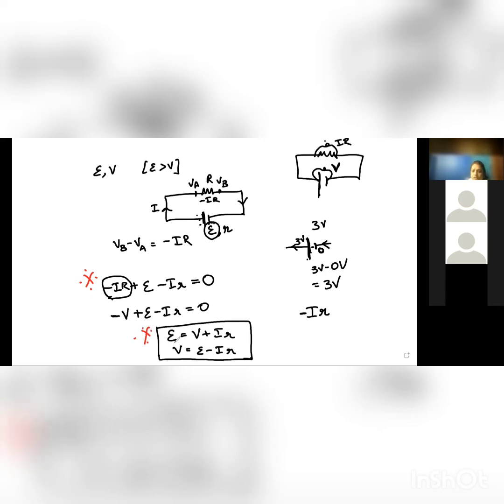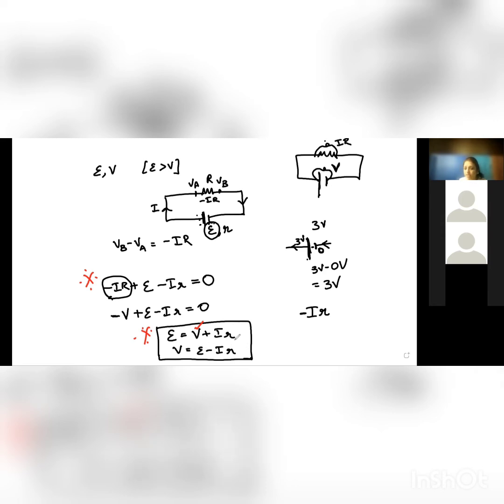So here it clearly shows that the EMF is greater than terminal voltage by a factor I into internal resistance, current into internal resistance. Is this clear? And the terminal potential is Ir less than the EMF. Yeah, you have to subtract Ir from the EMF.